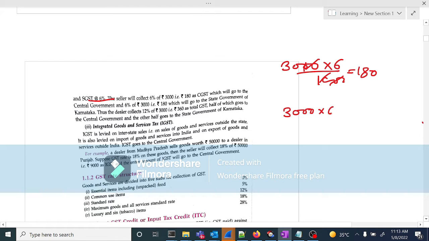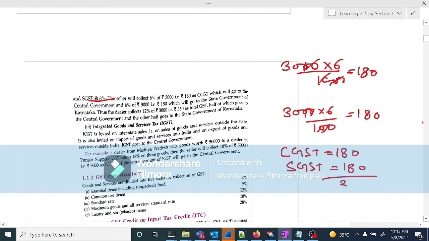3,000, 6% is 180. So CGST 180, SGST 180, total GST 360, right? So goods of 3,000 has 12% GST, which is 360.